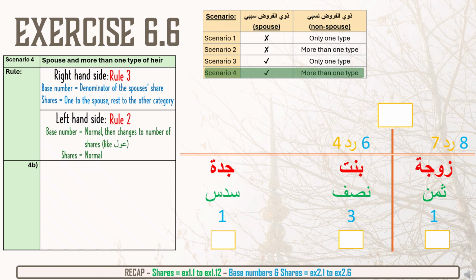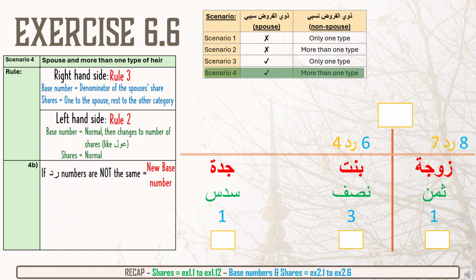Here we do a check, and the check we do is if the Radd numbers are the same, then there's no further action required. If they are not the same, like over here, there's a 7 on the right hand side and a 4 on the left hand side, then we require a new base number. Now, how do we do this?